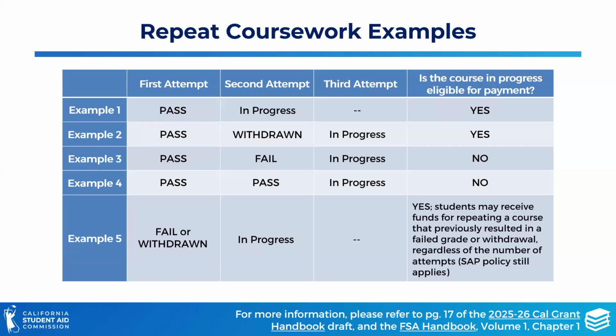So if this is occurring, they can continue receiving Cal Grant. However, SAP policy is still going to apply. So they won't be able to do that for too much longer, because eventually it's likely that SAP will catch up to them. Again, if you want more information about repeat coursework policies, I recommend the FSA Handbook, Volume 1, Chapter 1, and then we also have a section about it in our handbook.